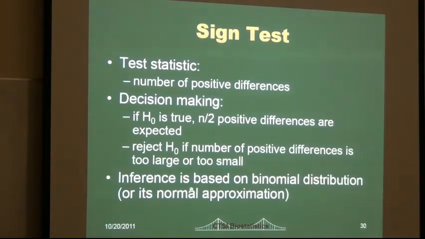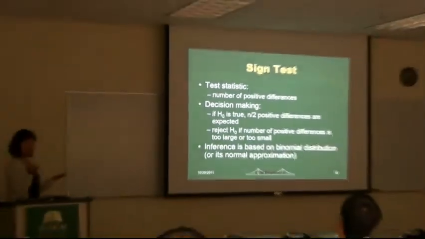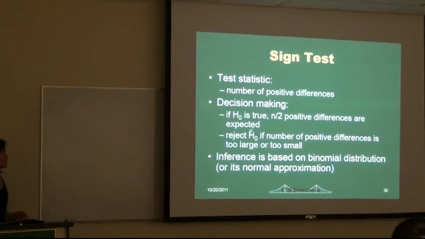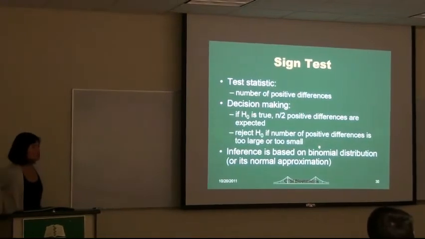The test statistic in this case is the number of positive differences. Under the null hypothesis, if the medians are the same between the two groups, then half of the observations will have positive differences and half will have negative differences, right? So you reject the null hypothesis if the number of positive differences is too large or too small.